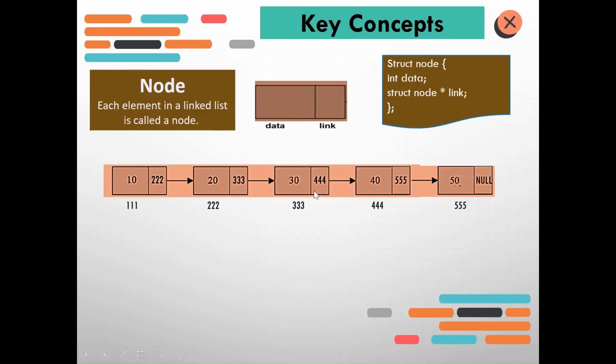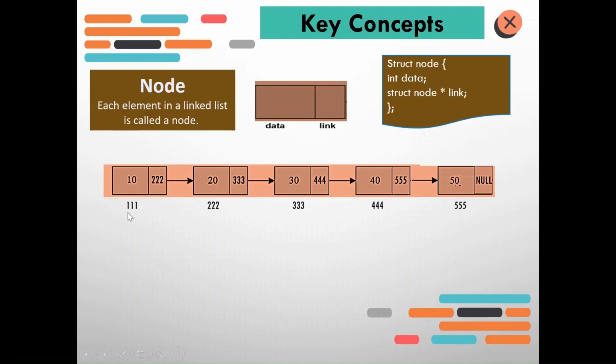So what is basically a linked list? We can move on to that. A linked list, as you can see here: this is a node, this is a node, this is a node, and this is also a node, right? Here is the data part 10, 20, 30, 40, and 50, and this is the link part. I have assigned some hypothetical addresses to each node.